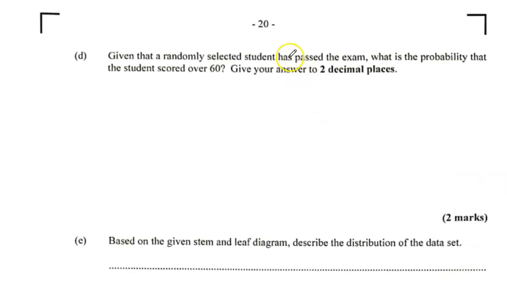Given that a randomly selected student has passed the exam, what's the probability that the student scored above 60? So that is a conditional probability question. We know the student passed the exam.